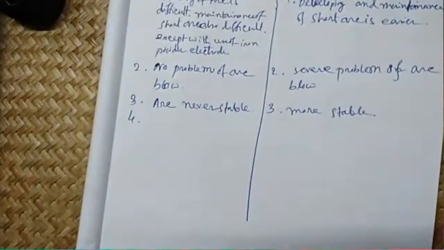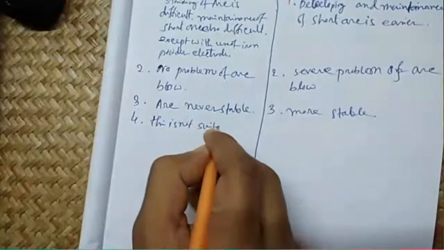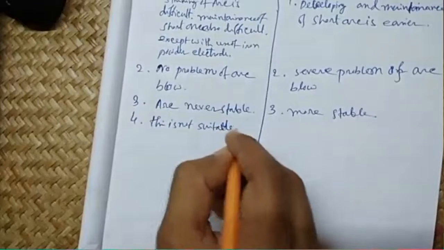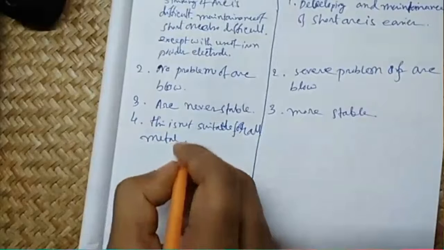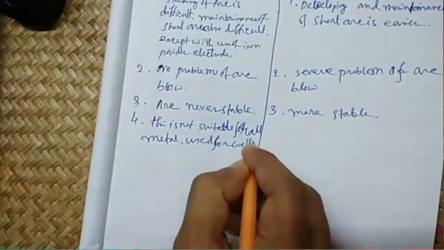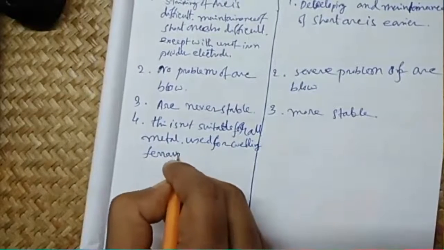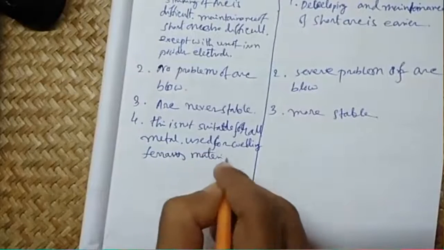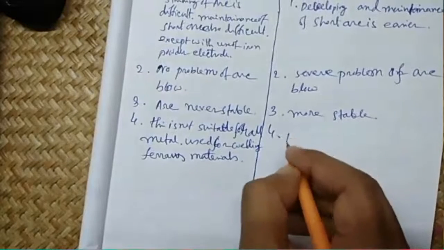Number four, AC is not suitable for all metals, used for welding ferrous materials. Number 4, polarity can be changed.